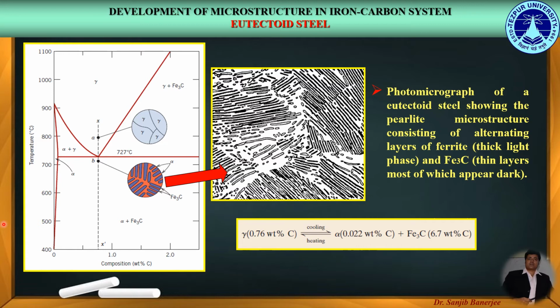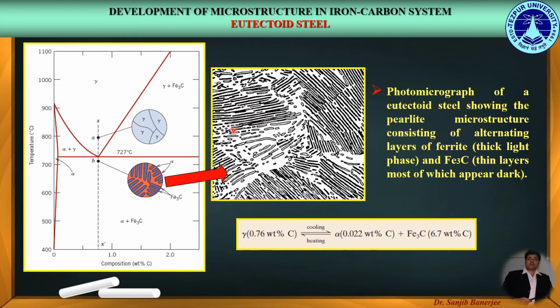Now the pearlite exists as grains, often termed as colonies. Within each colony, the layers are oriented in essentially the same directions as shown in this figure, and this orientation varies from one colony to the other.